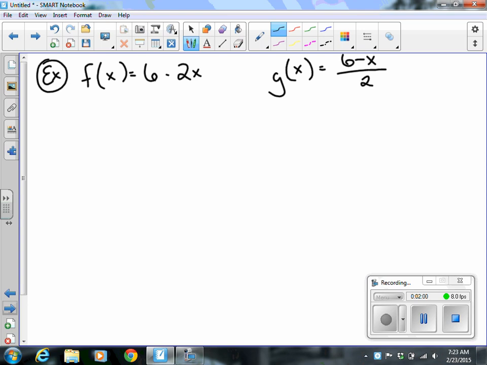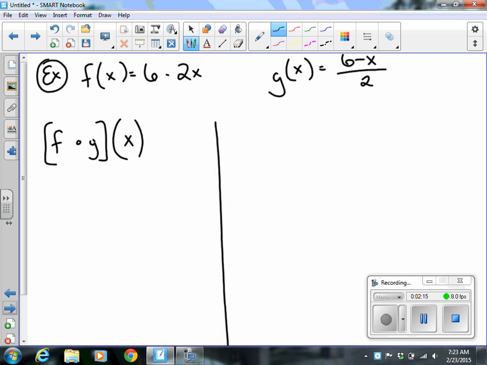So looking at this, I have f of x equals 6 minus 2x, g of x equals 6 minus x over 2. I'm going to do the composition of both of these, and if they are in fact inverses, when I plug x in and simplify it all down, the two answers should equal each other. That's my whole goal.